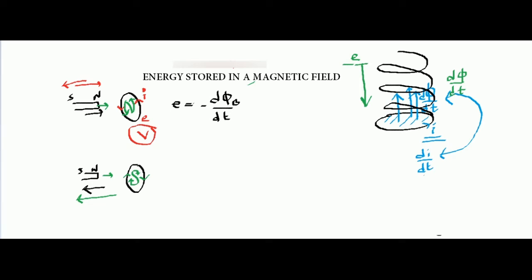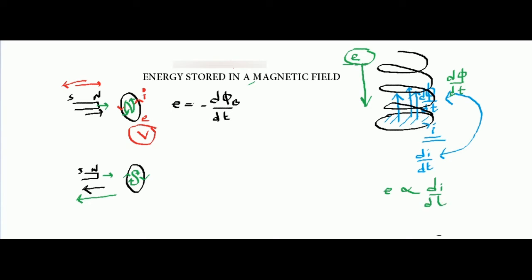Now, what is the magnitude of this EMF produced to oppose the changing current? This EMF is directly proportional to the changing current, that is di by dt.